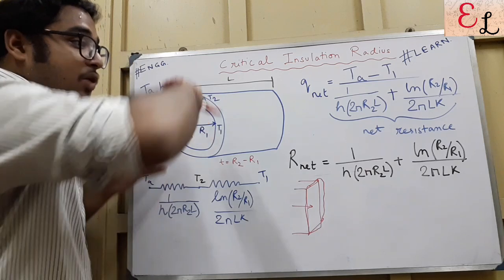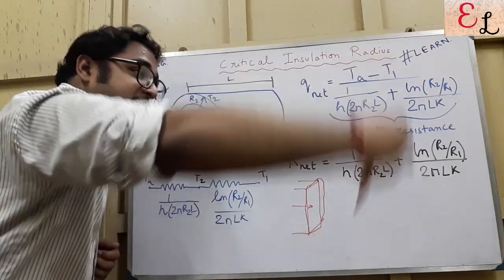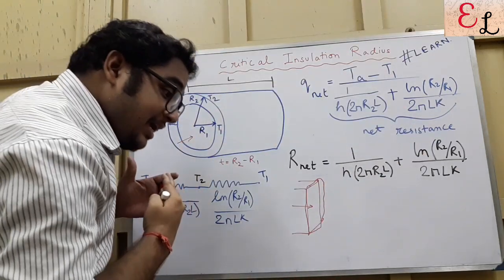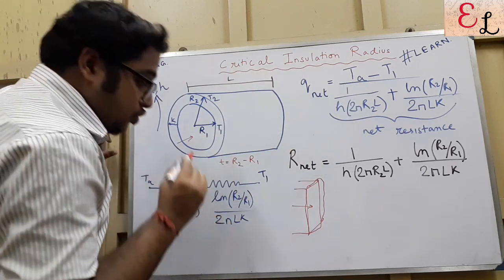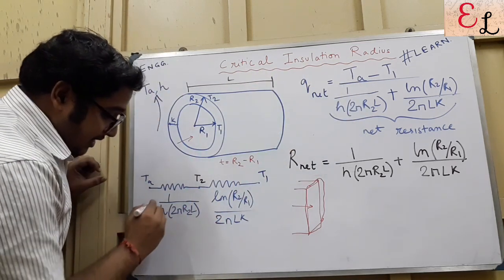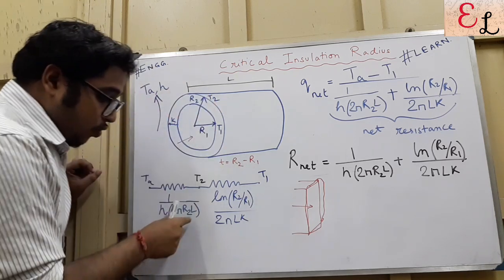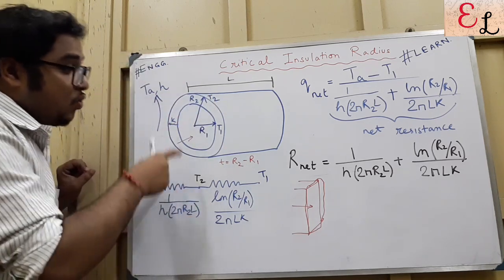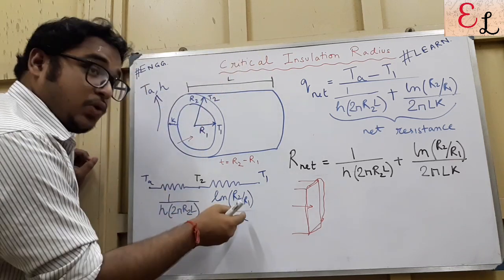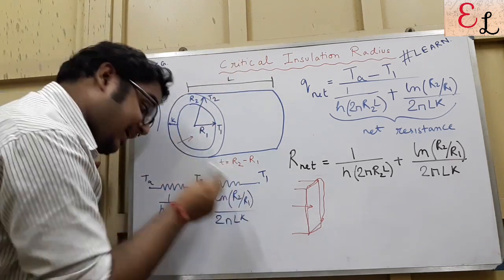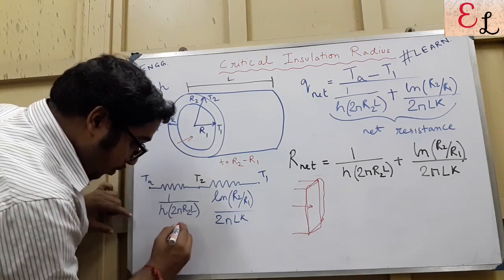But along with that, due to a higher radius, a higher surface area, due to which the heat loses readily by convection. So for convective heat transfer resistance, if you see, R2 is in the denominator. So if we increase R2, the resistance to conductive heat flow will increase, but to convective heat flow it will decrease.